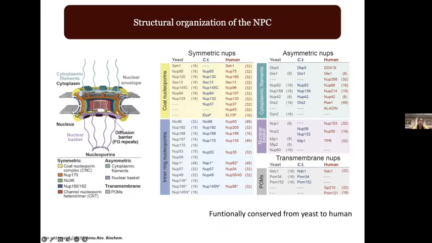These two subcomplexes assemble into the symmetric core of the nuclear pore, providing binding sites for the cytoplasmic filaments and the nuclear basket. Besides, there are the transmembrane nucleoporins, which can anchor the nuclear pore into the membrane. These proteins are very conserved from yeast to the human system.